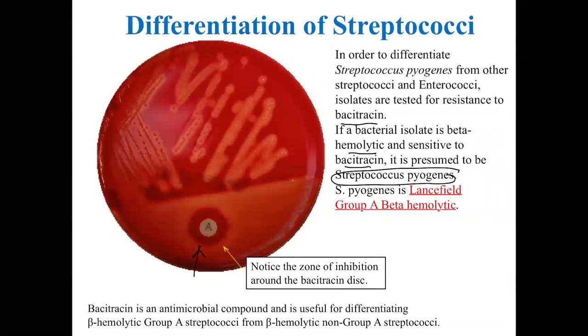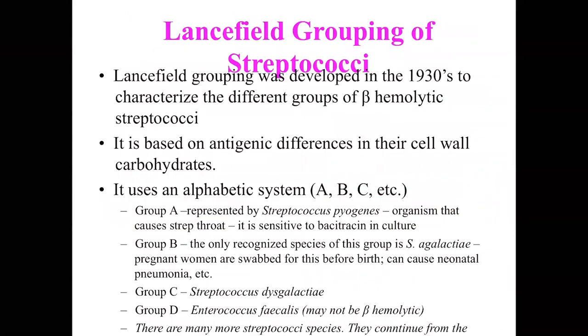Strep pyogenes is in this group called the Lancefield groups. Lancefield grouping was developed in the 1930s, and it was a way to organize and characterize these beta hemolytic streptococci.